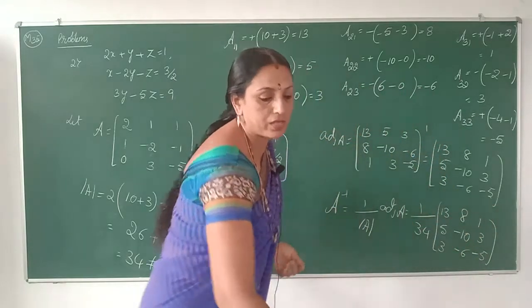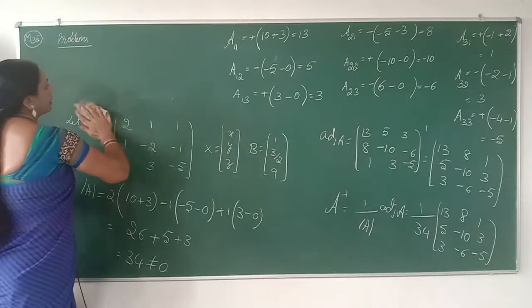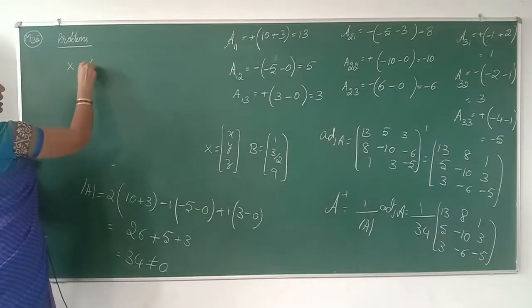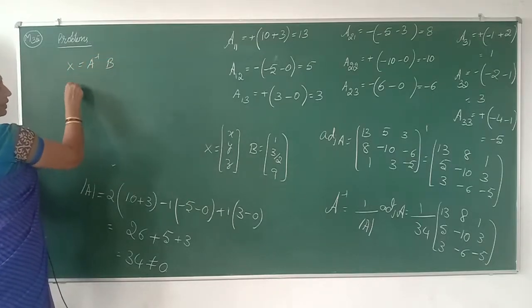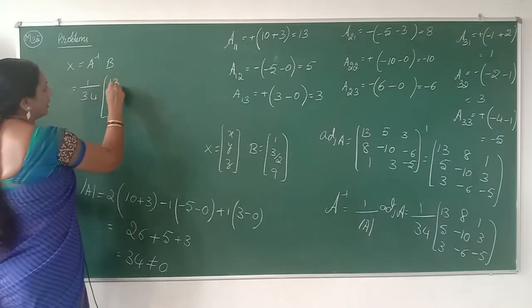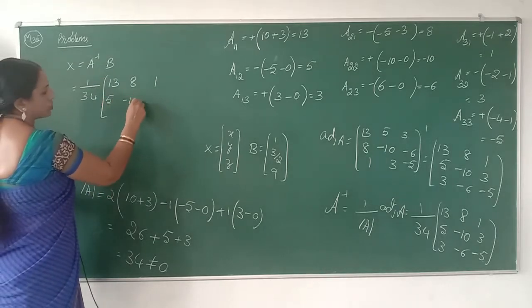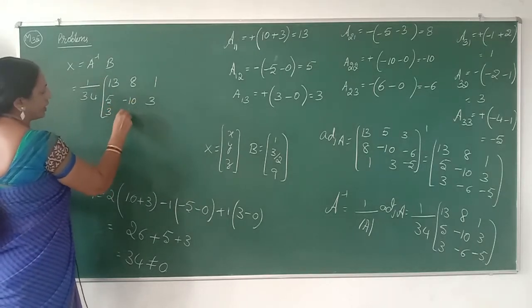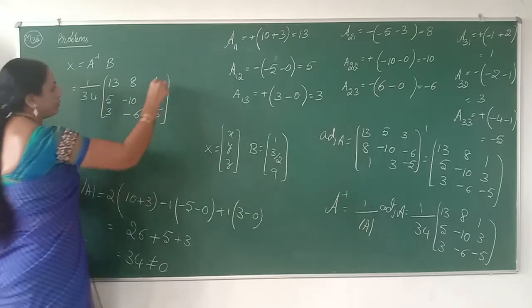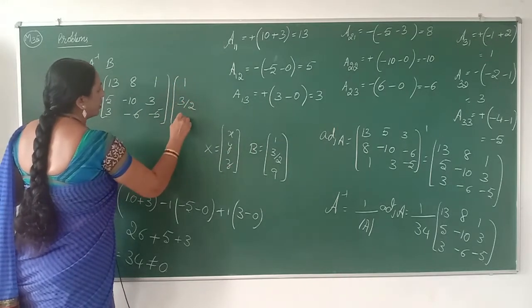So next we use the condition X is nothing but A inverse into B. X is equal to A inverse into B, where A inverse is 1 divided by 34 of 13, 8, 1, 5, minus 10, 3, 3, minus 6, minus 5, into the elements of B. B is nothing but 1, 3 by 2, 9.